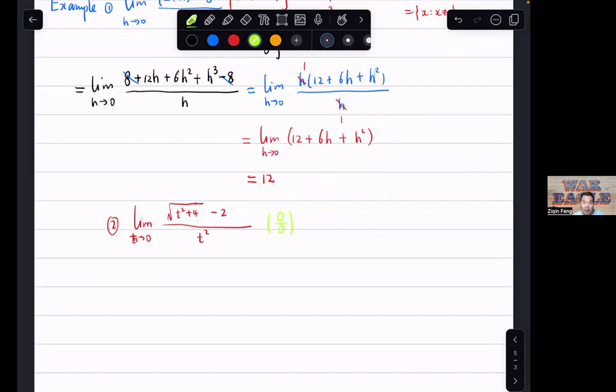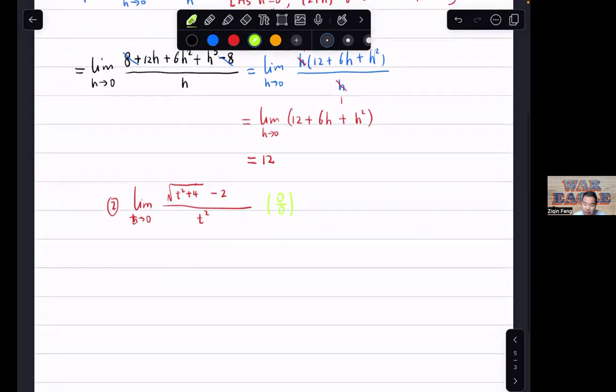And so we want to somehow cancel t squared, which is our 0 factor in the denominator, and then plug in 0, the limit point of t. You get the answer. The question is, how do we do that?